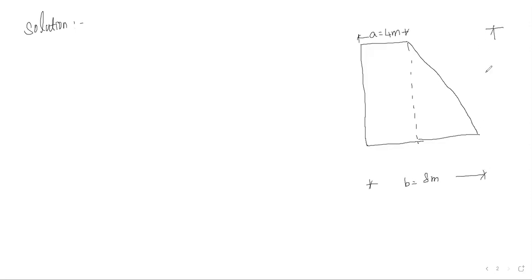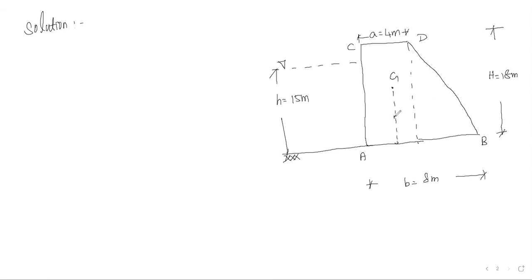So total H is 18 meters, and the water level, small h, to the base is equal to 15 meters. Now A, B, C and D. So this is G, where W is acting here. This is N. And here the force F is acting.